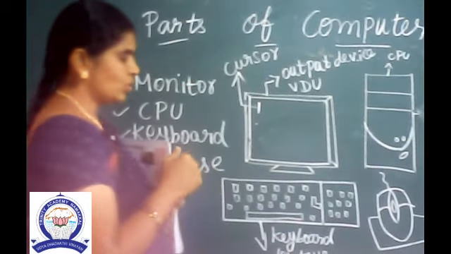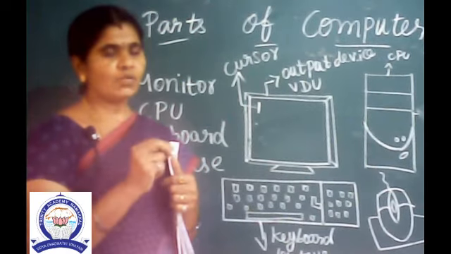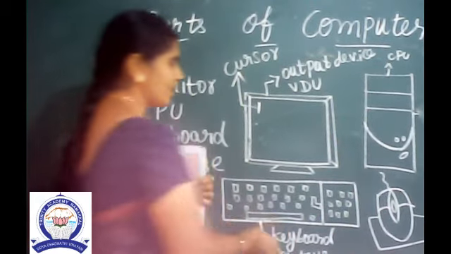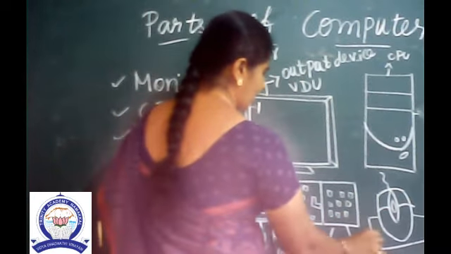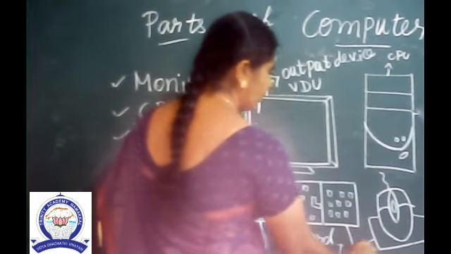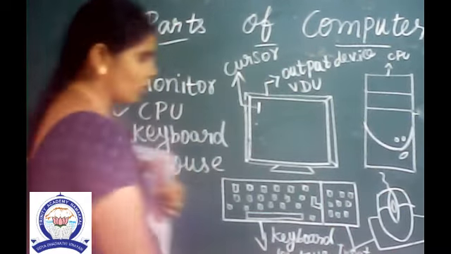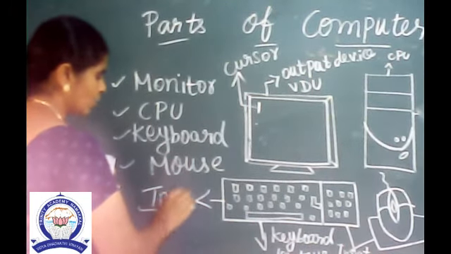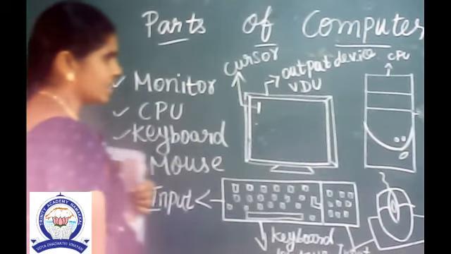So total number of keys 104, 5 types of keys, and keyboard and mouse are the input devices.